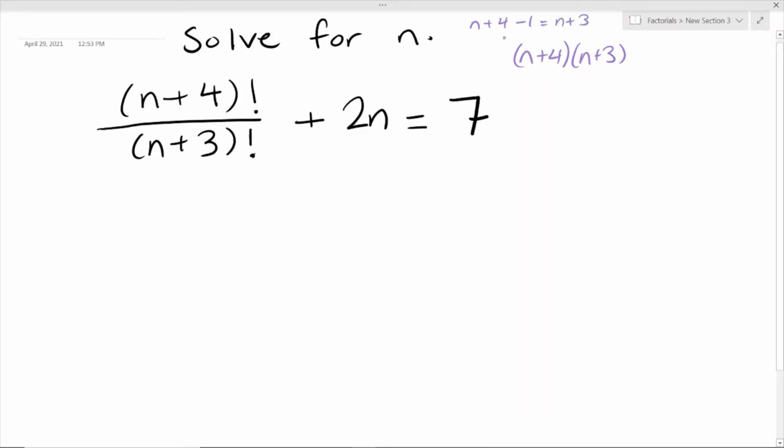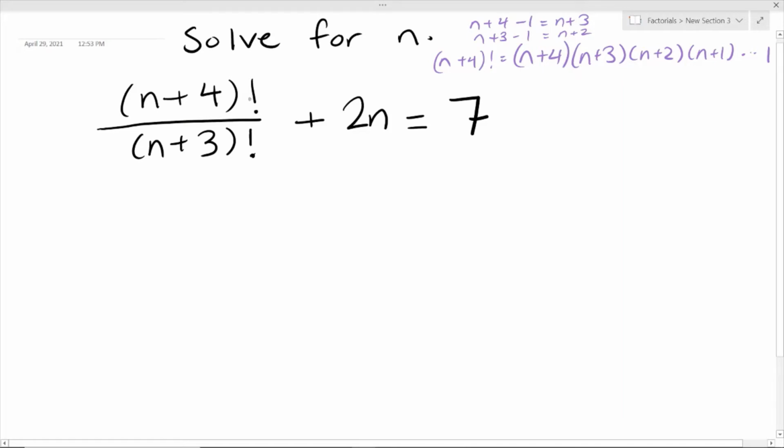And if you subtract 1 from n plus 3, so n plus 3 minus 1, you're going to get n plus 2. So n plus 2, and then n plus 1, and so on and so forth, okay? So this is n plus 4 factorial, and it goes all the way down to 1, right? So 3 times 2 and then times 1, right? So all the way down to 1.